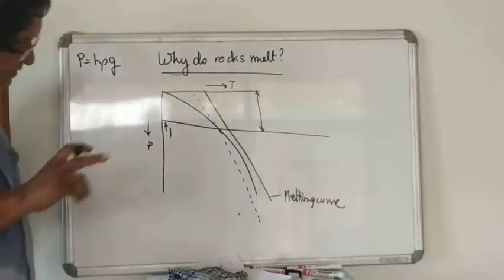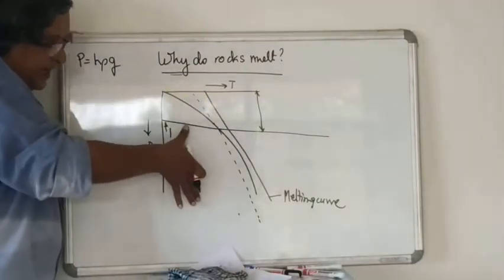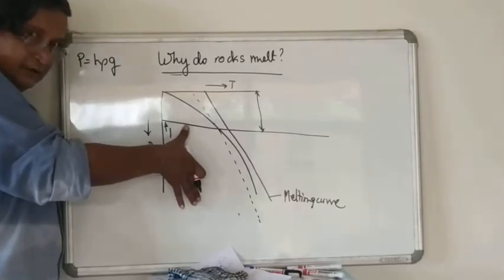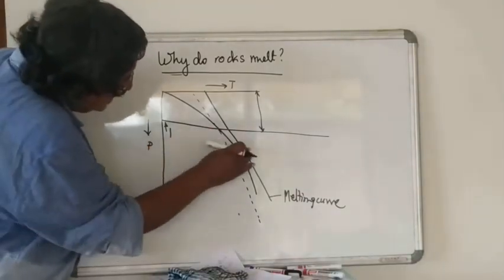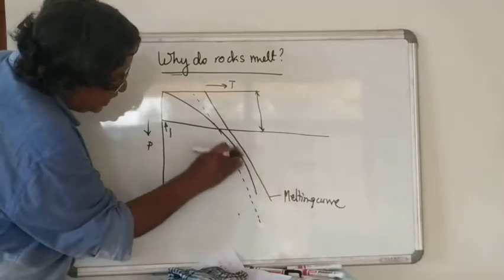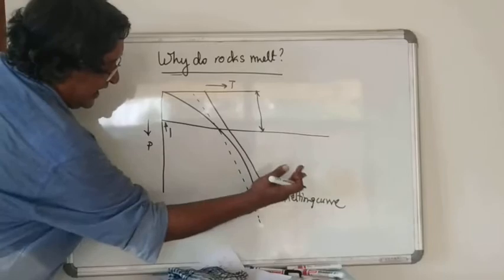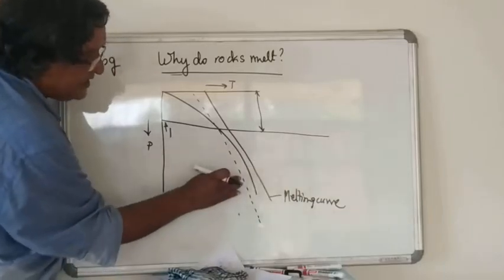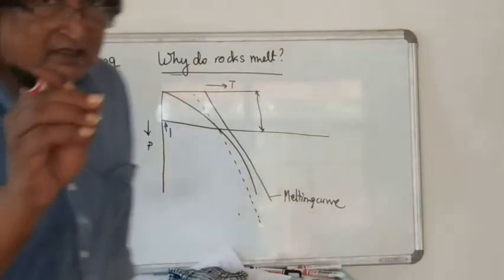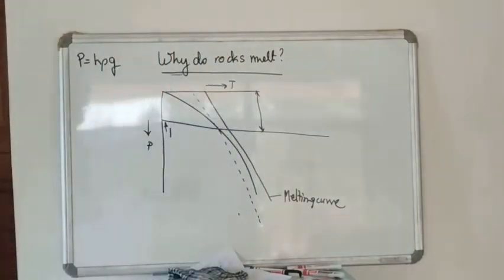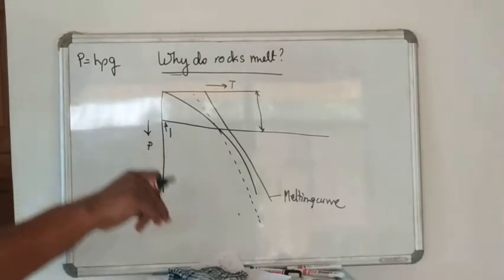But if you take this depth, then you can see that the temperature of the earth at a depth below P1 is higher than the melting temperature of the contaminated curve. So what will happen? It will be melted.